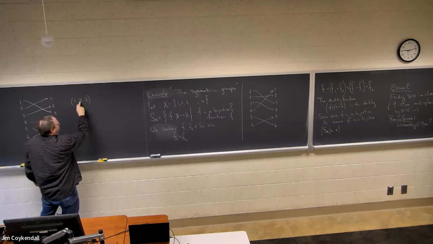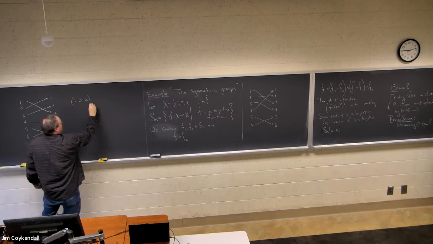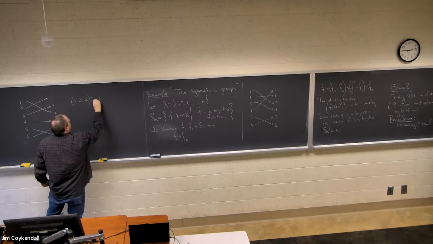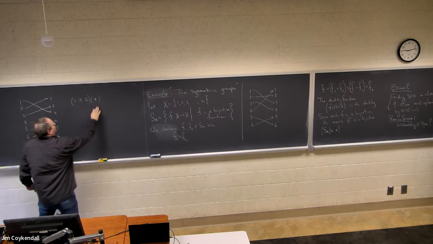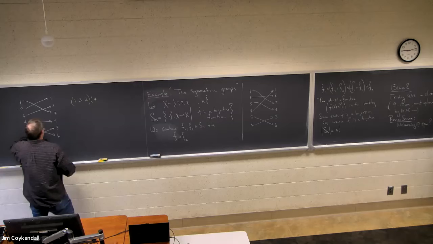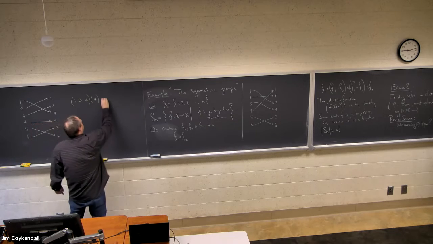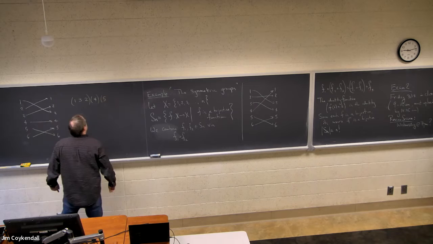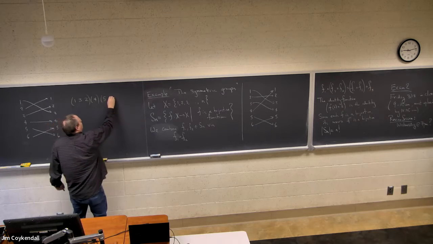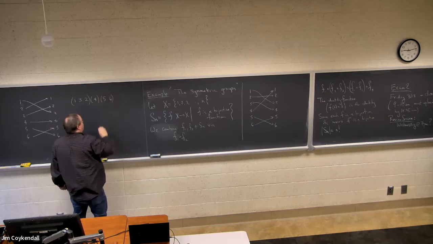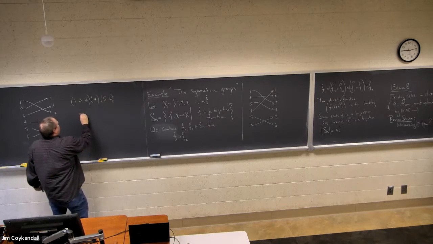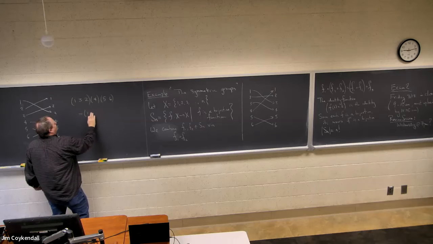This means 1 jumps to 3, 3 goes to 2, and 2 jumps back to 1. Okay, let's see. How about 4? Where does it go? 4 goes to itself, so I'm going to close it off here. All right. Where does 5 go? 6. And 6 goes to 5, because it's a bijection. Sometimes people abbreviate this way.